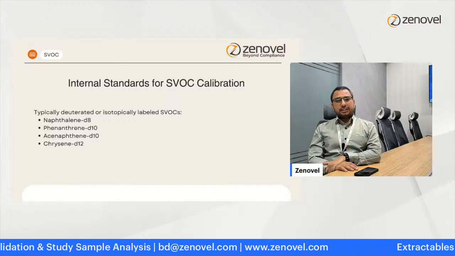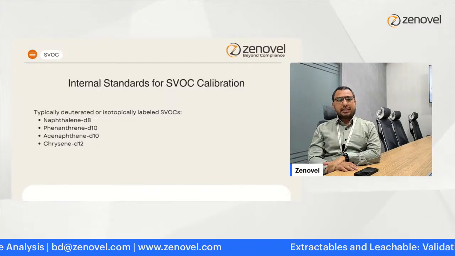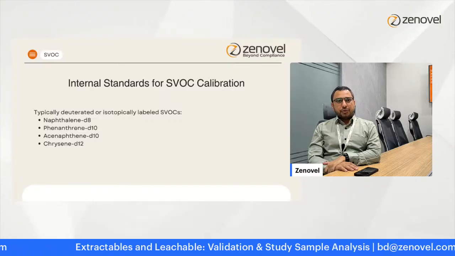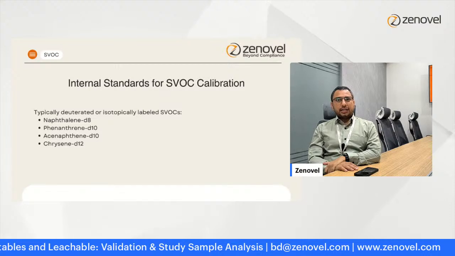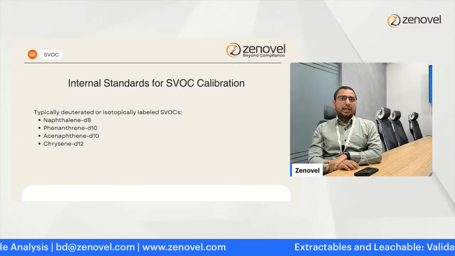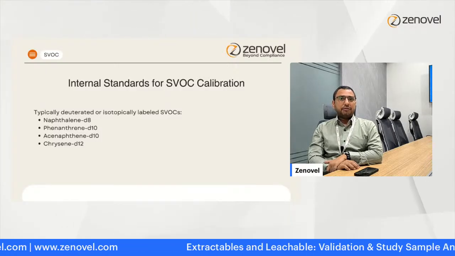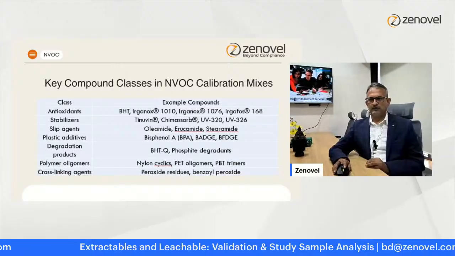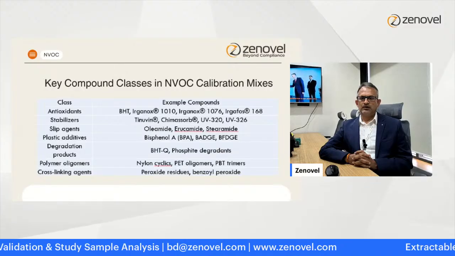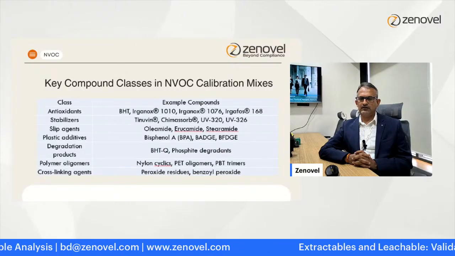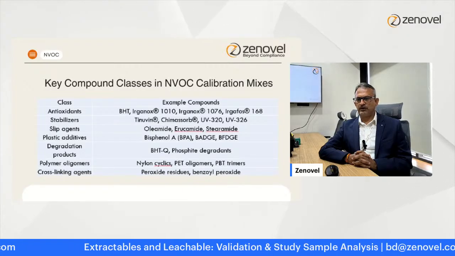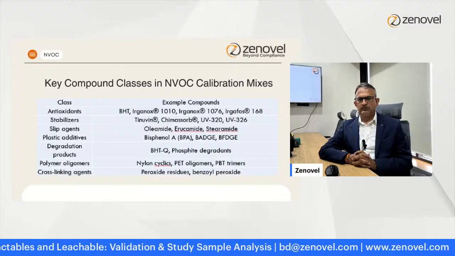Okay, great. So after the volatile and semi-volatile organic compound calibration standards, we would like to know more about the non-volatile organic compounds. NVOCs, if you can give examples of the reference standards for the calibration curve specifically for the NVOCs. Okay, for the NVOCs, a tabular format is provided for the classification as well as examples of the compounds.